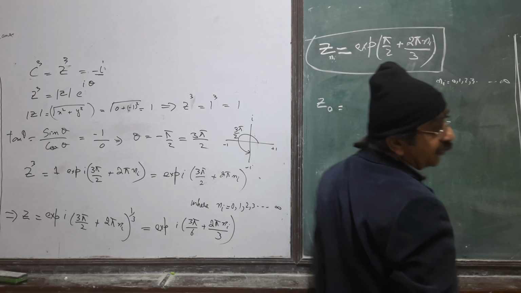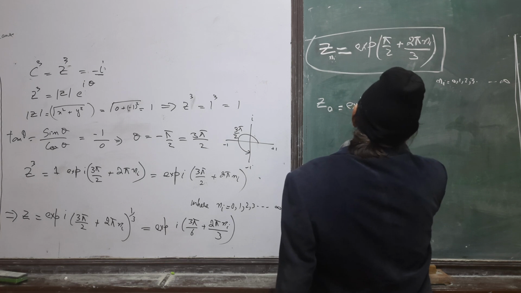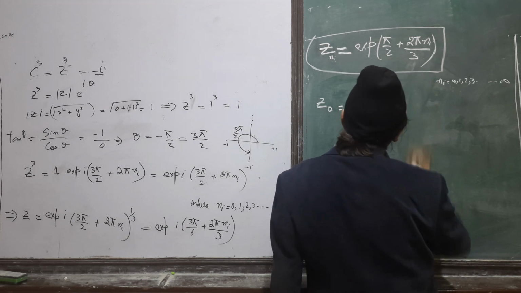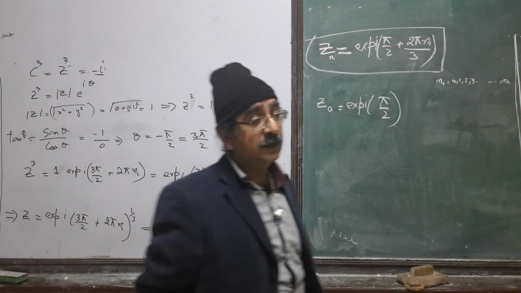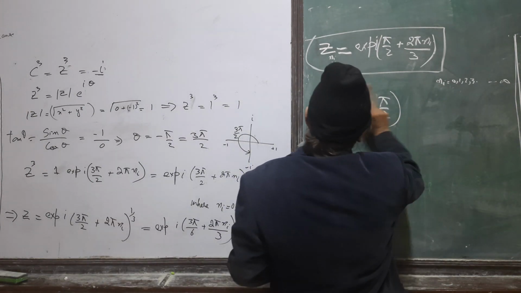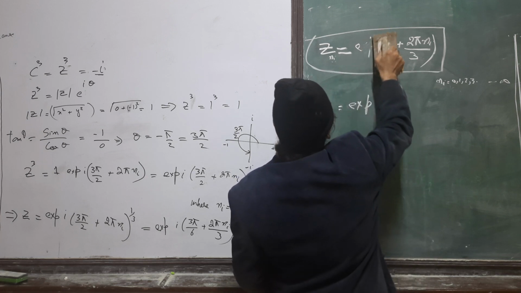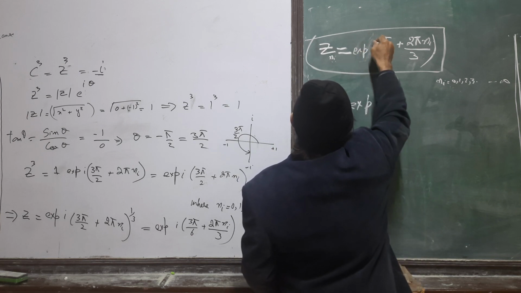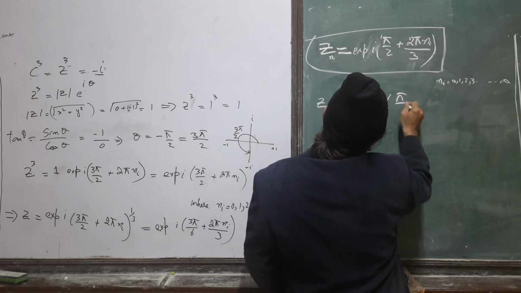Z0, when we put n equal to 0, will be exponential of i(pi by 2 plus 2 pi over 3 times 0), that will become pi by 2. So exponential of i pi by 2.